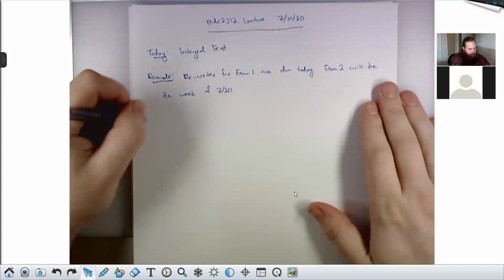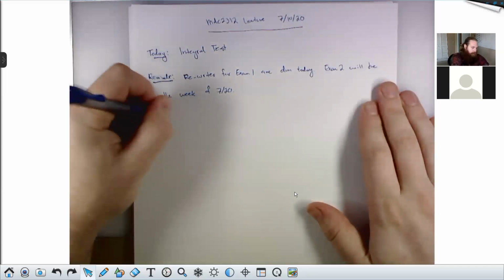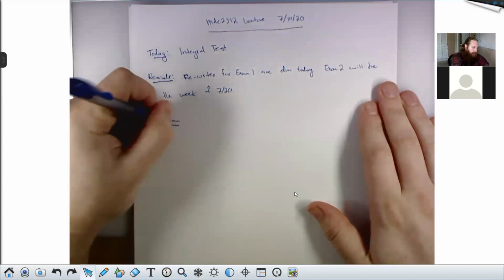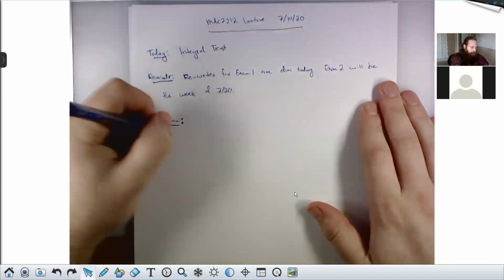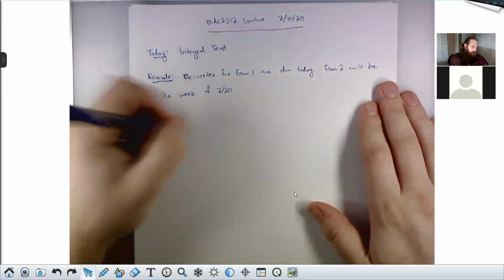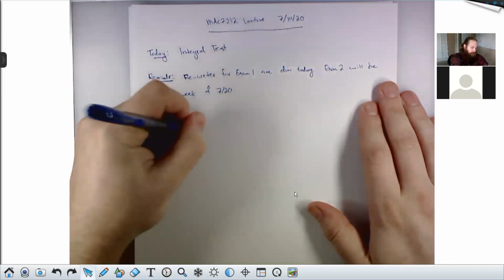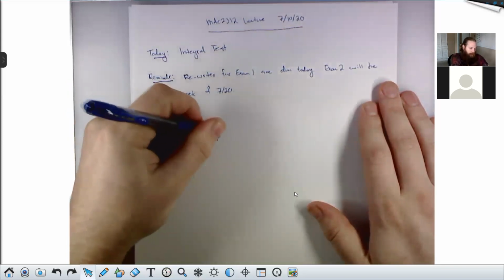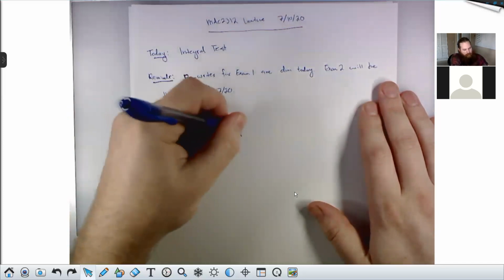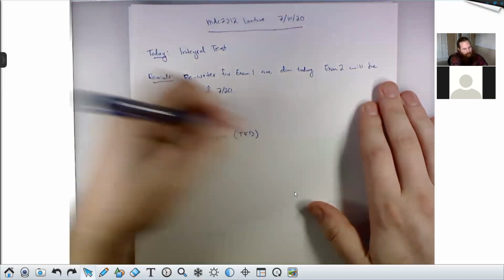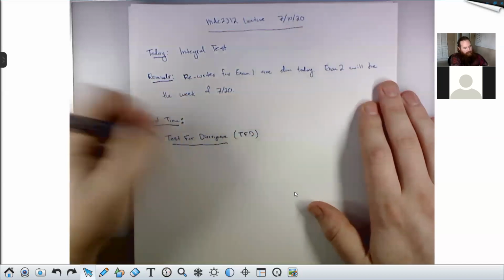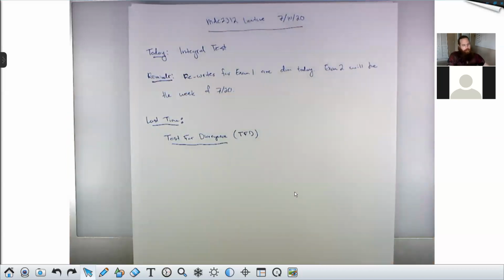Last time we talked about the test for divergence, which I abbreviate TFD. And this is a convergence test for infinite series.